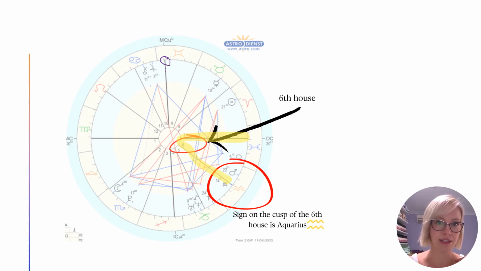This is the line that demarcates between the 9th and 10th house. The sign at the end of it is Gemini. So the 10th house is ruled by Gemini. Yes, there's a lot of Cancer in that 10th house, but we're going to say the 10th house is ruled by Gemini.